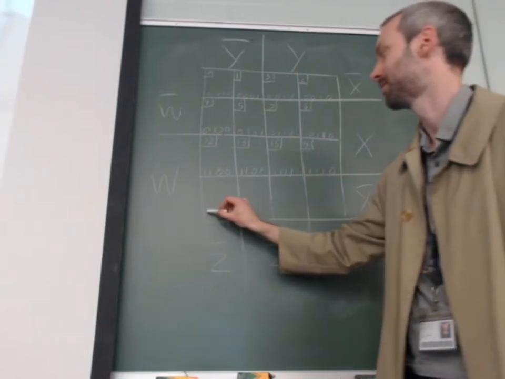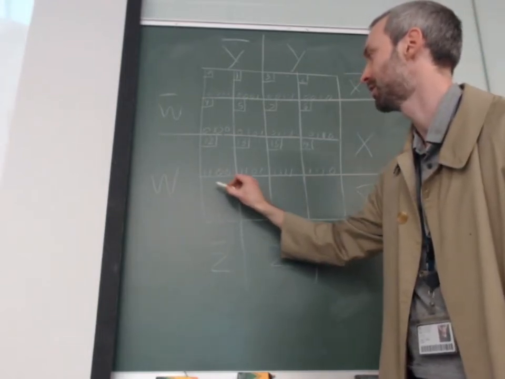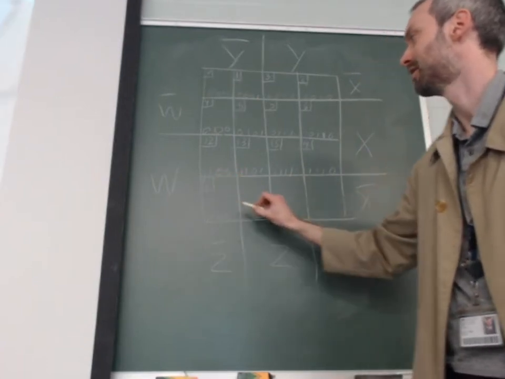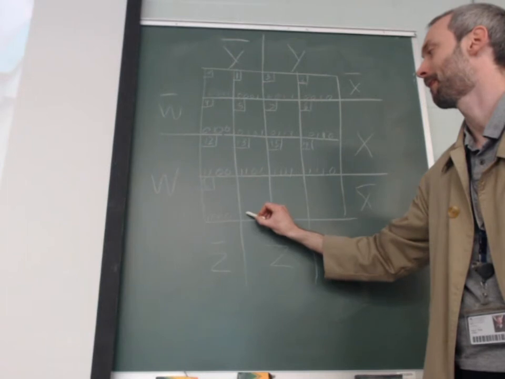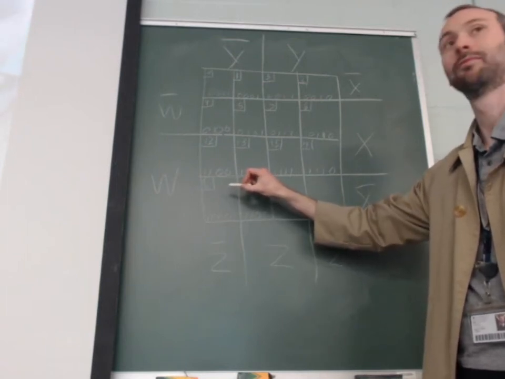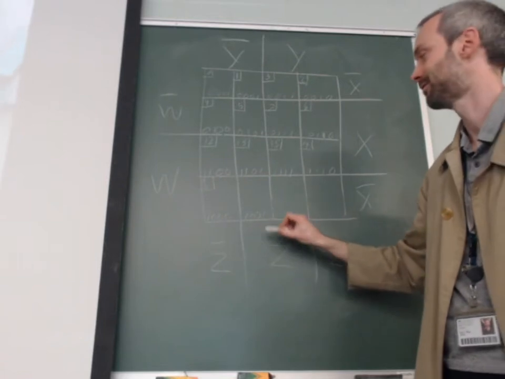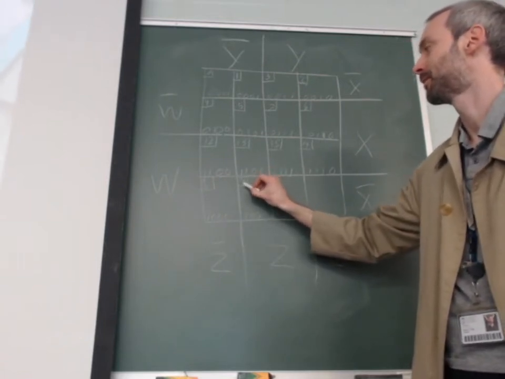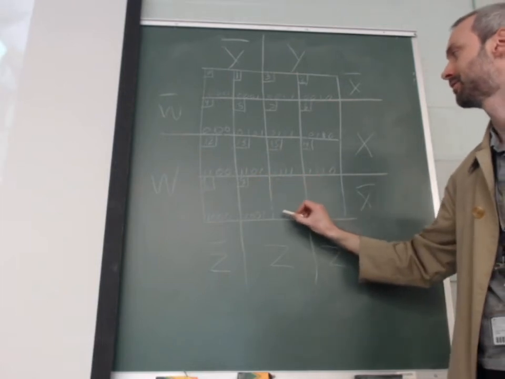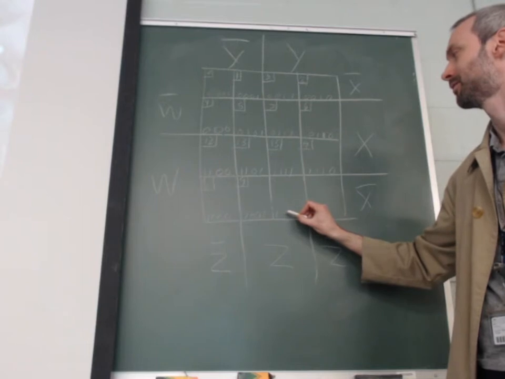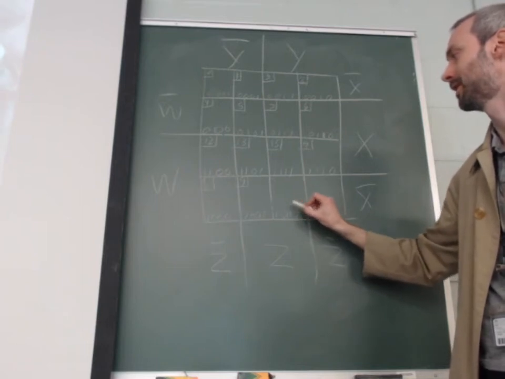Is that one 1000? Yeah, 1000, which is 8. Then this one, 1001. Now we're just taking that X bit and turning it to off. And that number is 9. This one. Oh, no. That one was 1011.